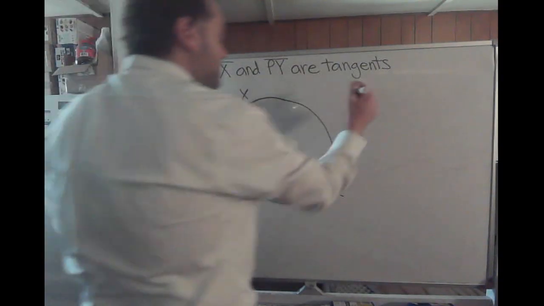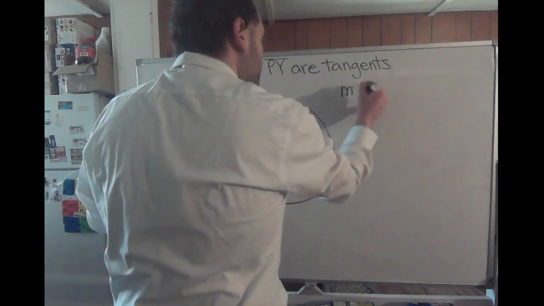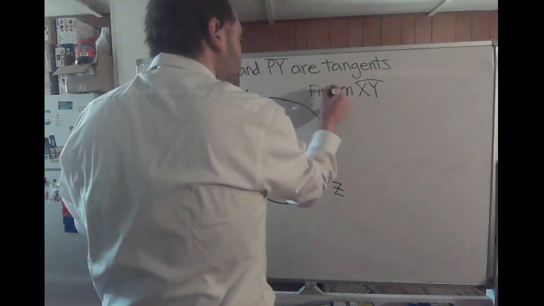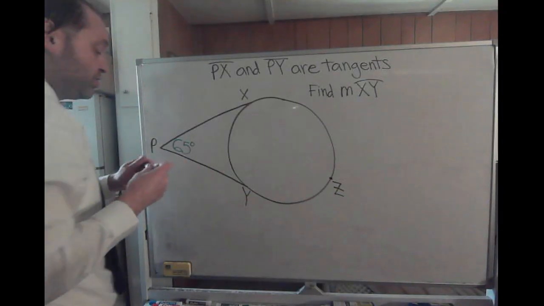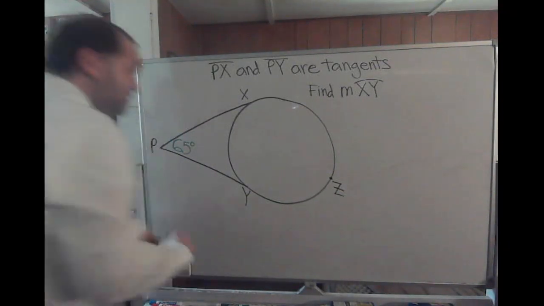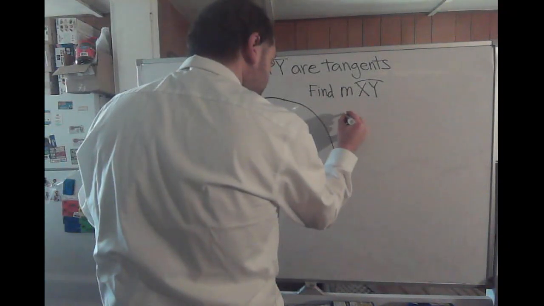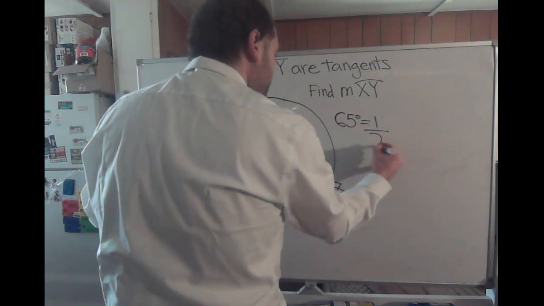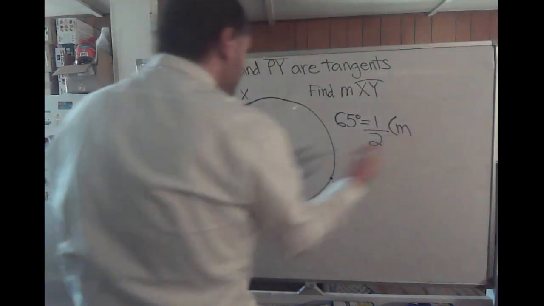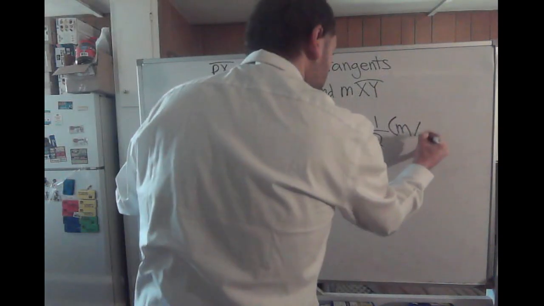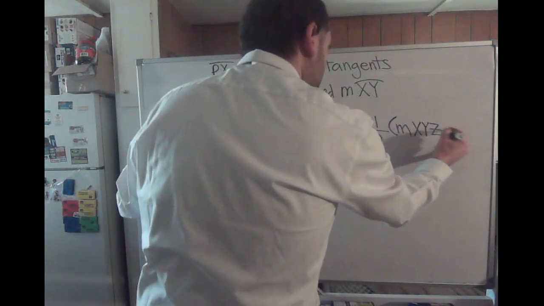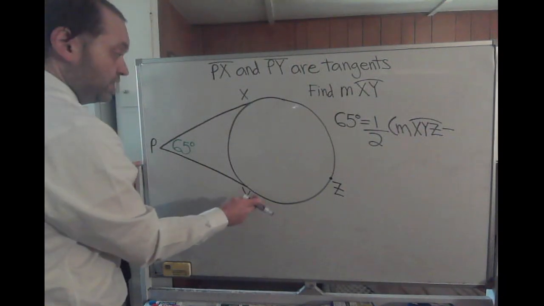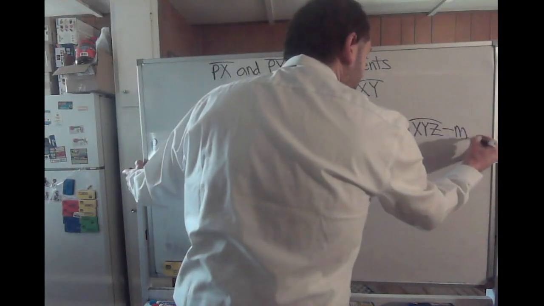Let me state what we're trying to find. The measure of arc XY is what we're trying to find. But anyway, the measure of the angle formed by two tangents, in this case 65 degrees, is going to be equal to half the measure of major arc XYZ minus the measure of minor arc XY.